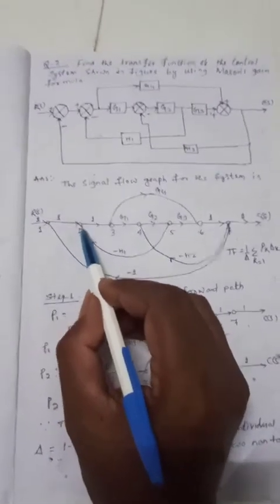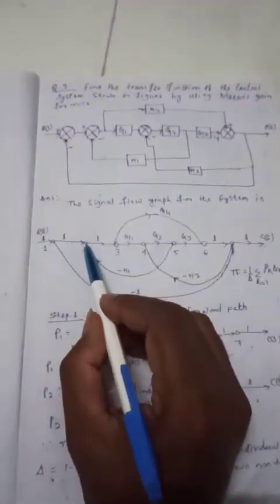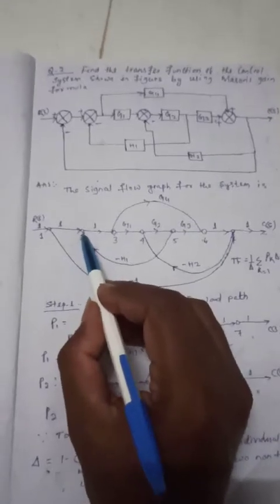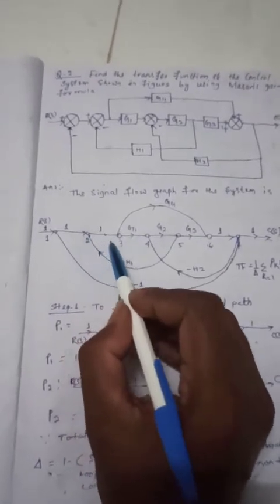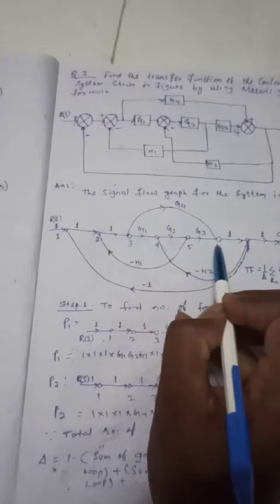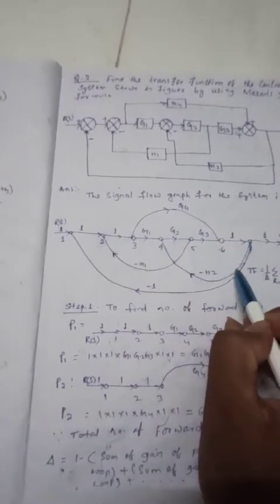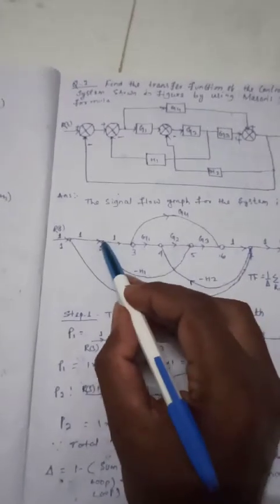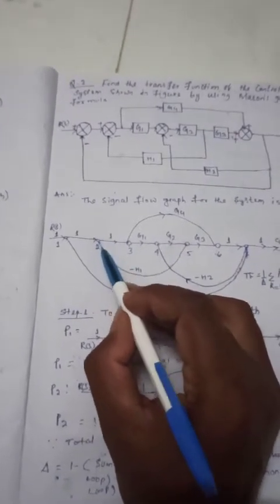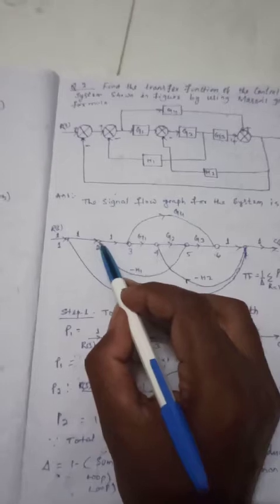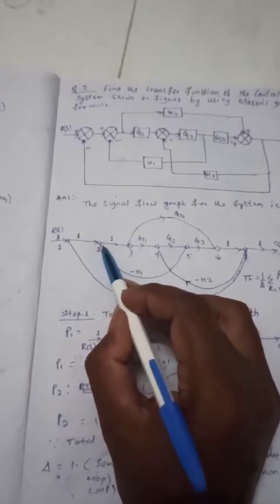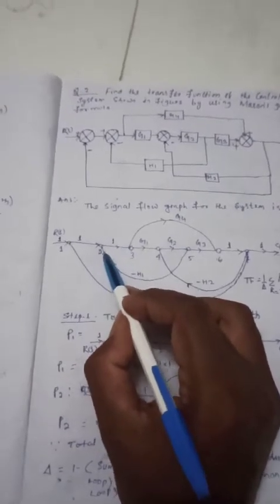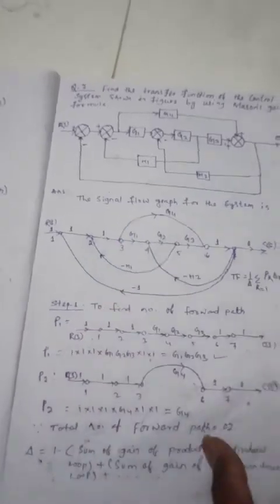It starts from 2 to 3, 3 to 6, 6 to 7, 7 to 4, 4 to 5, 5 to 1. It makes a closed loop. The signal flows from node number 2 and ends at this same node. It is also one loop.